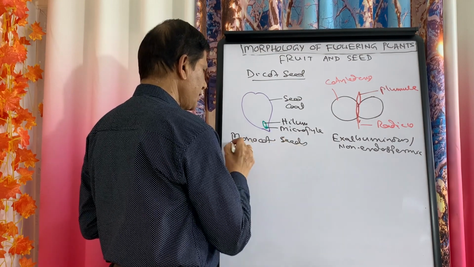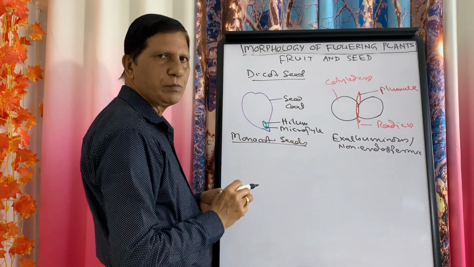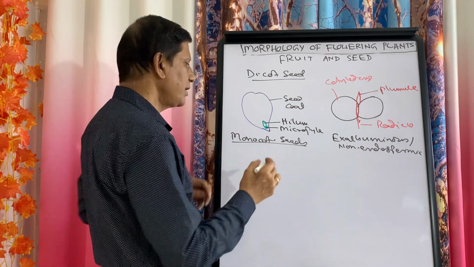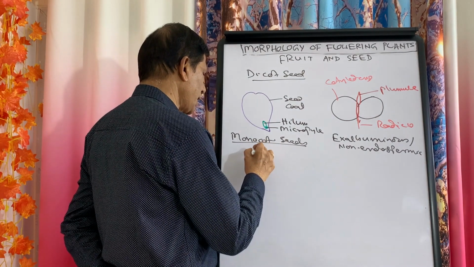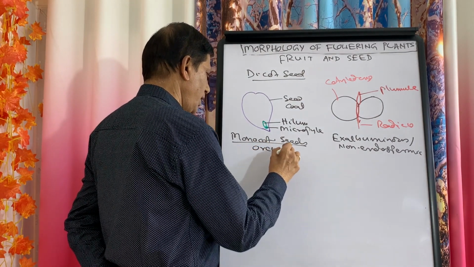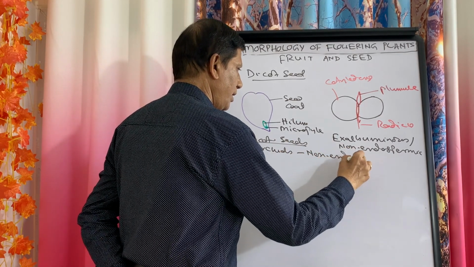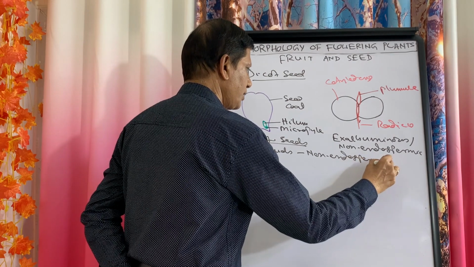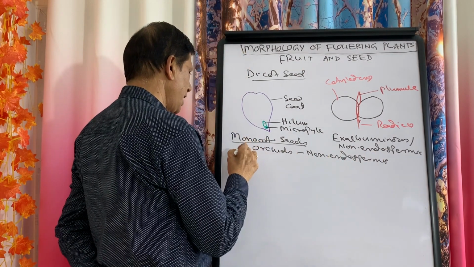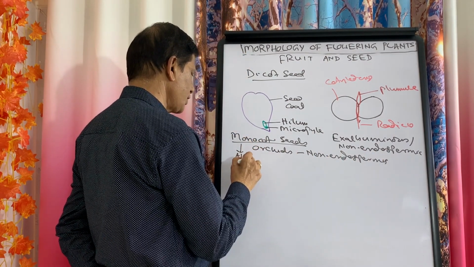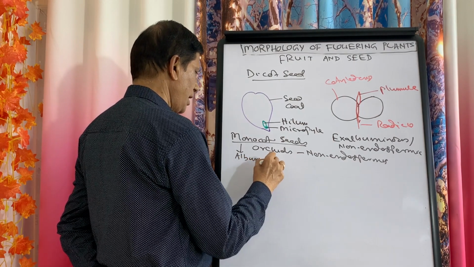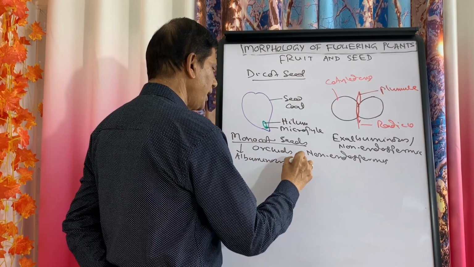But in case of monocot seeds, usually monocot seeds are albuminous or endospermic, except some seeds like those of the orchids. Orchids are non-endospermic. Otherwise, all other monocot seeds are usually albuminous or endospermic.